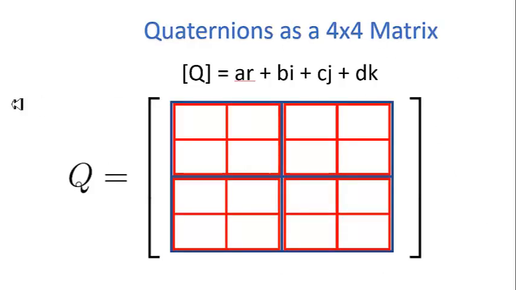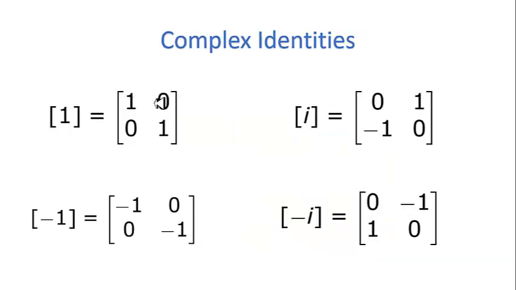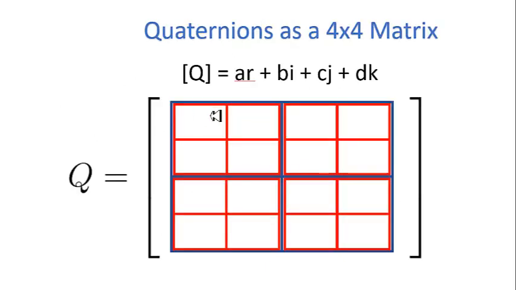So quaternions, instead of being a two-dimensional matrix with two rows and 2 columns, have 4 rows and 4 columns. Okay, so it's a 4-dimensional number. It's got 4 elements, a real and 3 imaginary components, and the quaternion itself in matrix form is going to have 4 rows and 4 columns.